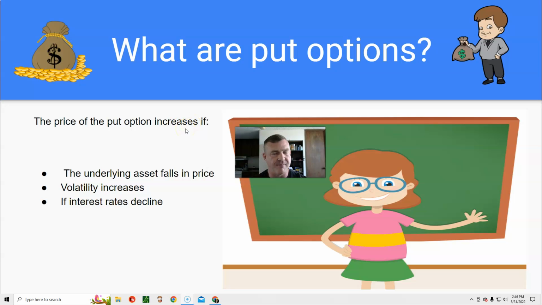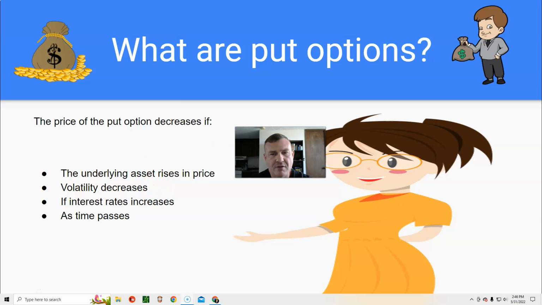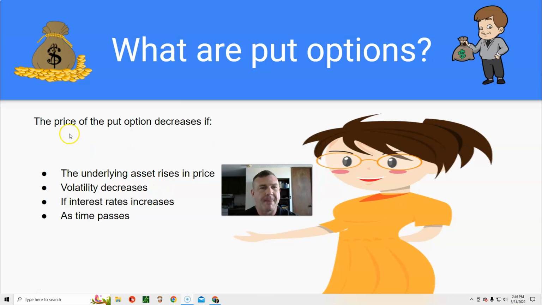As I was talking about, with this unpredictability, things start really moving a lot. If interest rates decline, the price of the put option decreases. If the opposites happen, the underlying asset rises in price. Instead of going from 10 to 8, it starts moving up from 10 to 11 to 12.